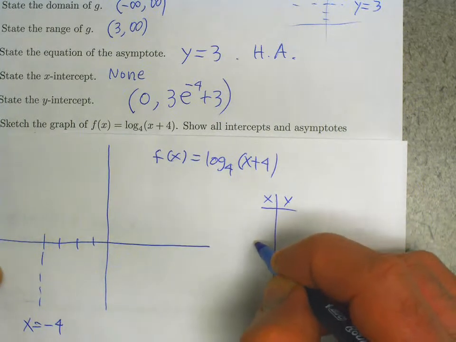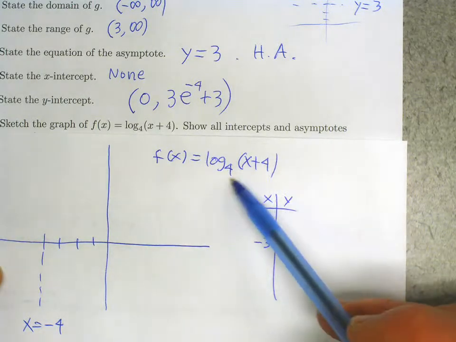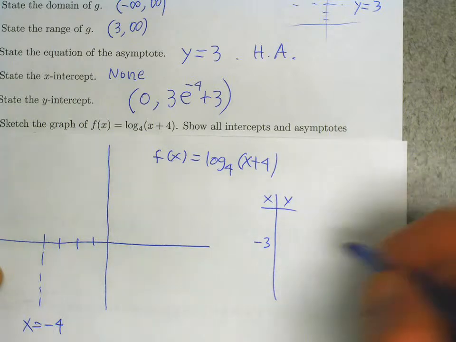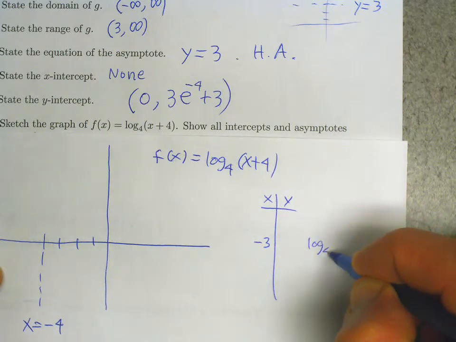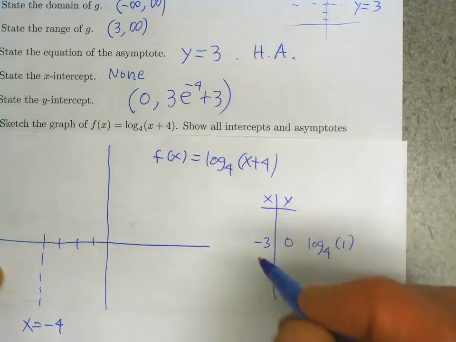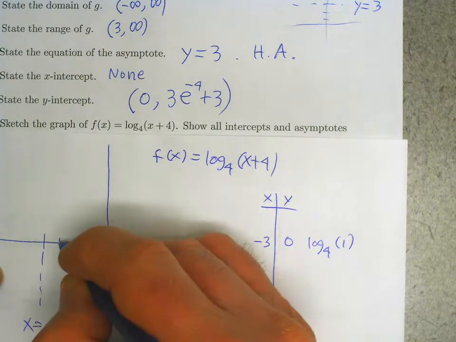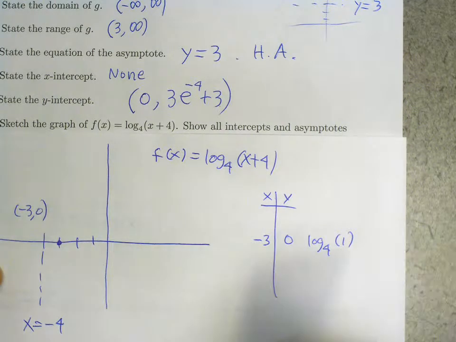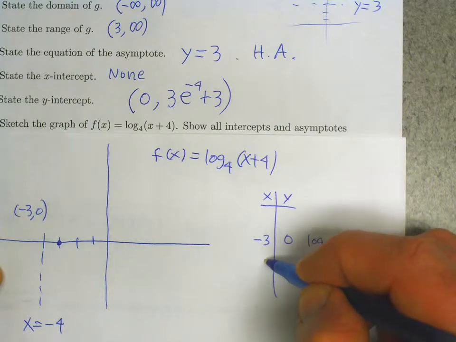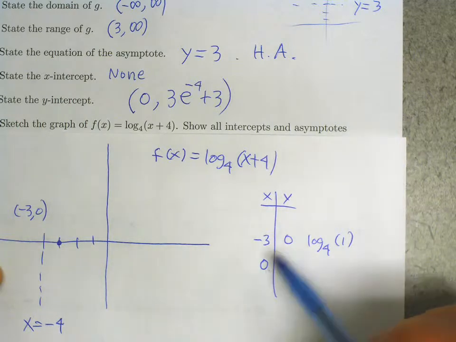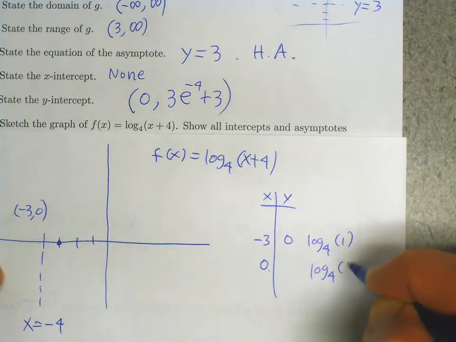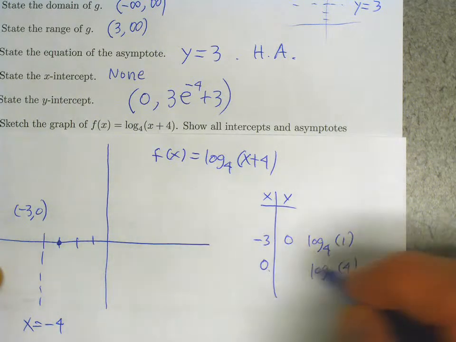If I pick x to be -3, the y-coordinate, log base 4 of -3 plus 4, is log base 4 of 1. That's equal to 0. So this point, -3, 0, is the x-intercept. When x is 0, I have log base 4 of 4, and log base 4 of 4 is just 1.